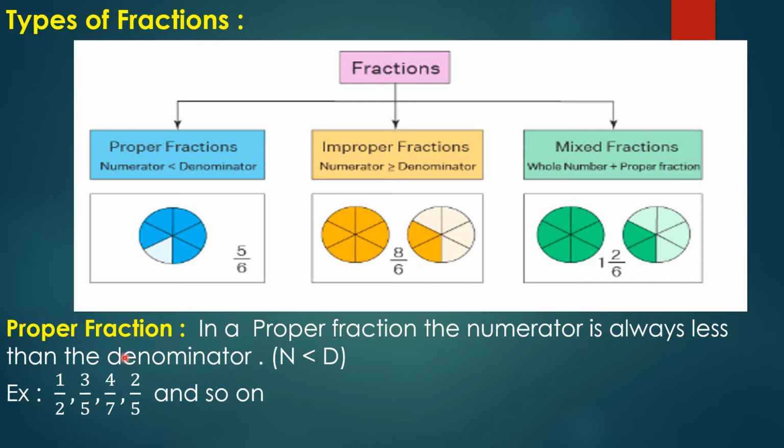Correct? So here we can have examples: 1 by 2, 3 by 5, 4 by 7, 2 by 5, and so on. Here you can observe the numerators are less than the denominators. So each one we have to compare. That means 3 is less than 5. Similarly 4 is less than 7, and so on.